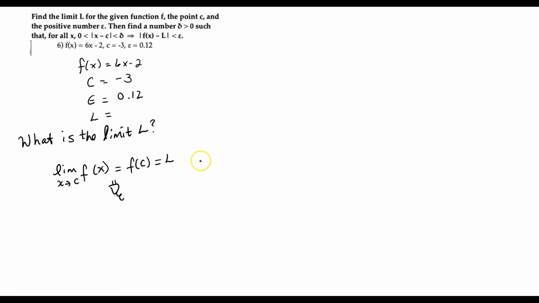Okay, so what we're going to do then is say, well, the limit as x approaches this number -3 of 6x minus 2 will simply equal 6 times -3 minus 2, and we're going to get -18 minus 2, which is -20.